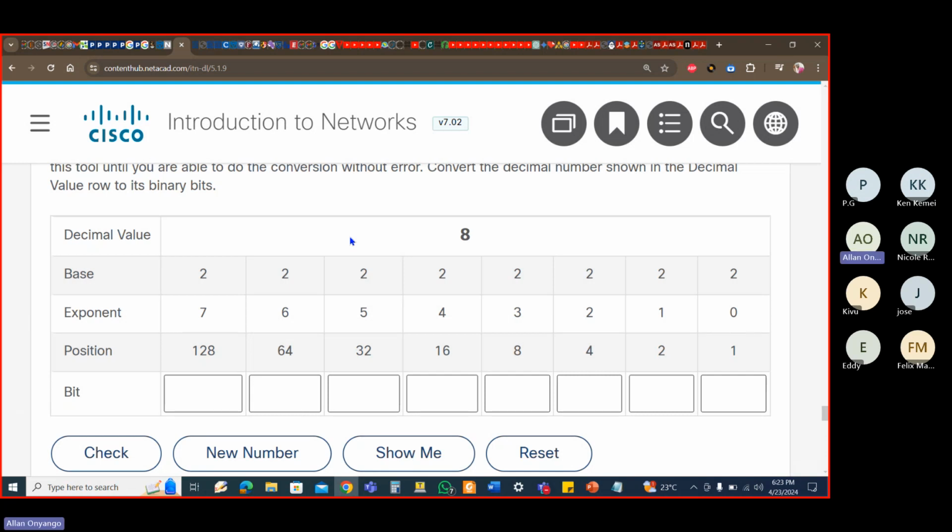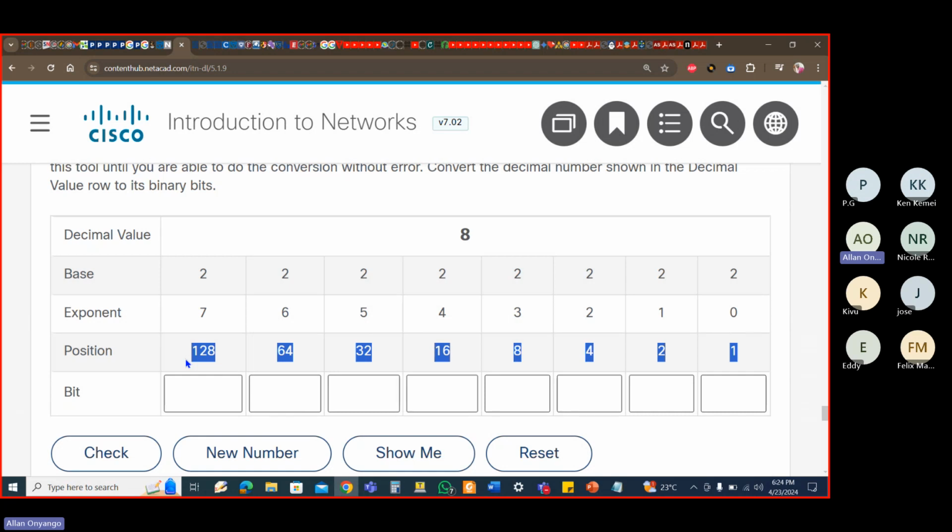You see the decimal we have been given is 8, isn't it? We want to convert it to binary down there. The rule is simple. You need to find which numbers among the numbers here, if I add them, I get 8.